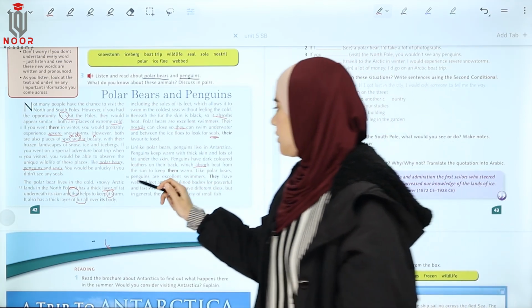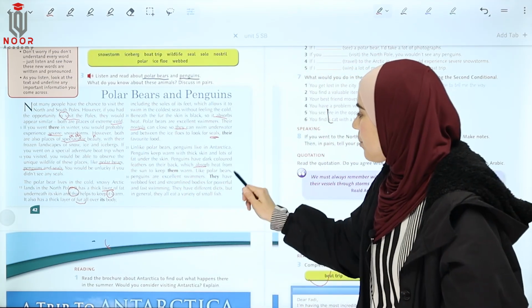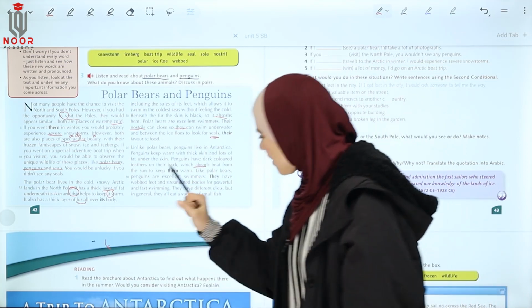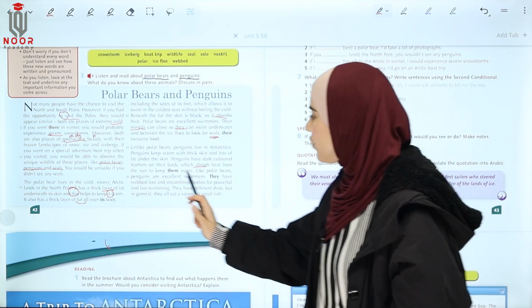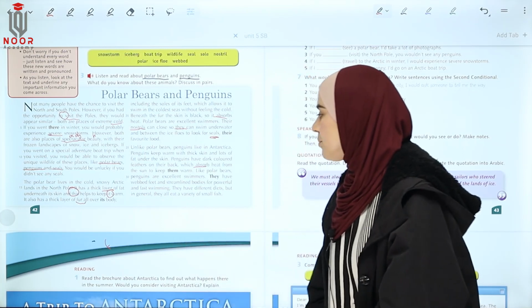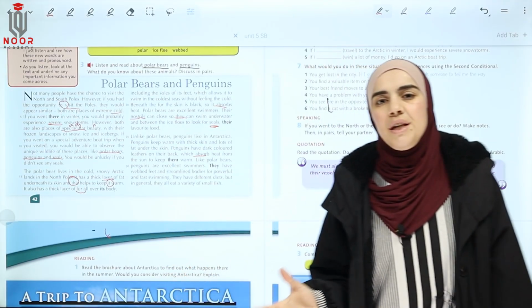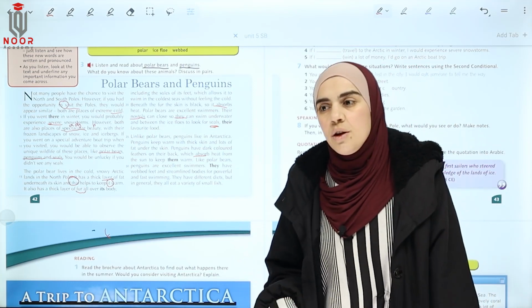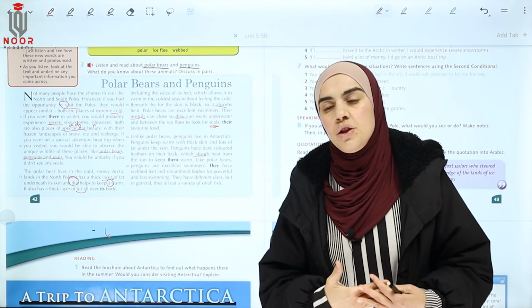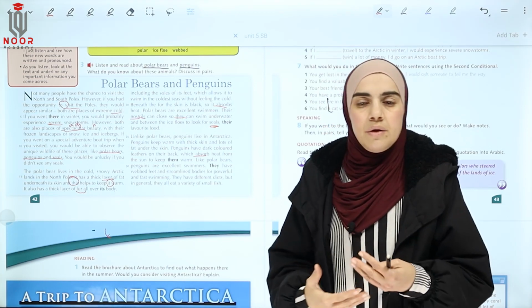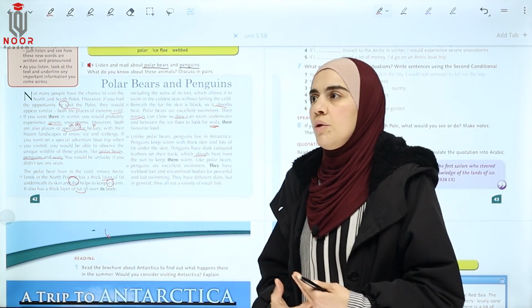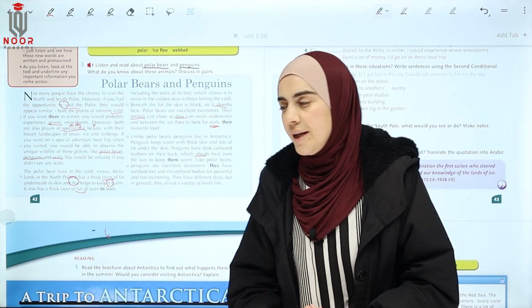So to keep them warm, like polar bears, penguins are excellent swimmers. They have webbed feet and streamlined bodies. So we can guess the meaning from the text without returning to the dictionary or memorizing it from my glossary and activity book.